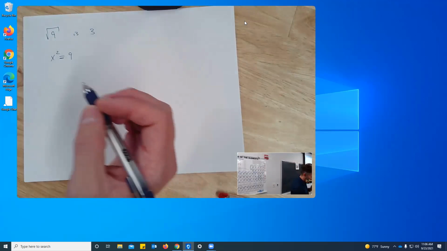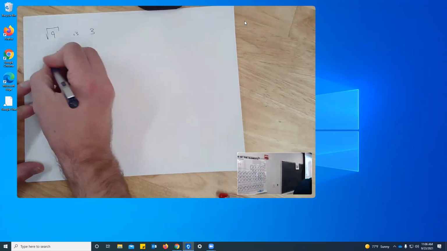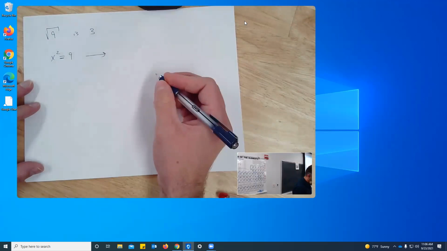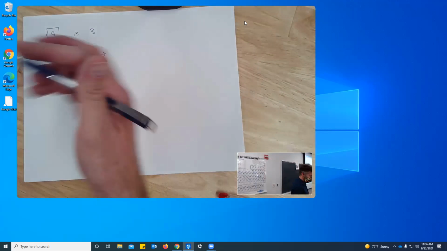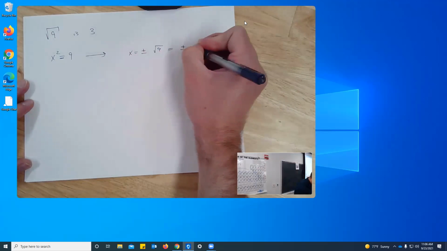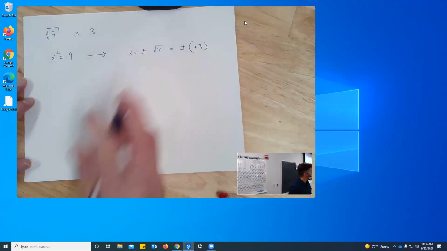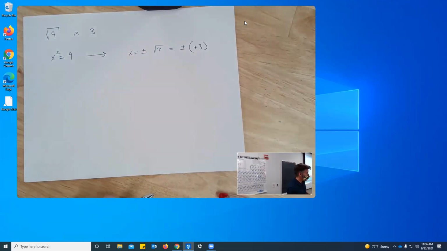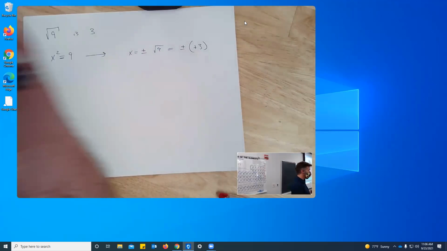But I want to be very, very clear. When I solve this, the fast way is just saying, oh, x equals plus or minus the square root of 9, which is plus or minus positive 3. Square root of 9 is only positive 3. And the reason that's true is because of what we said before.